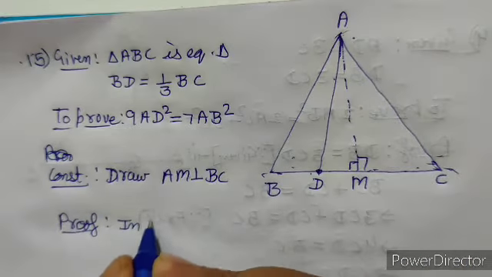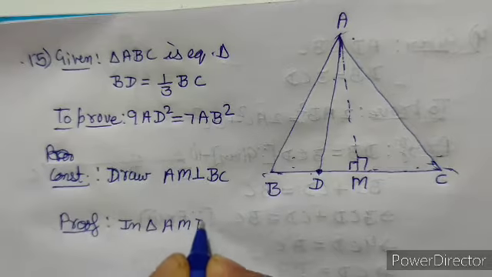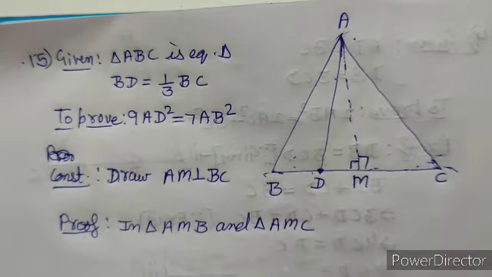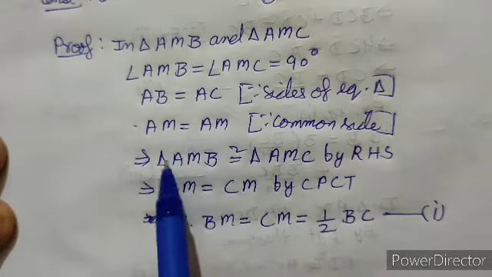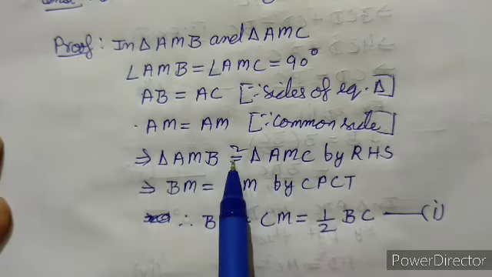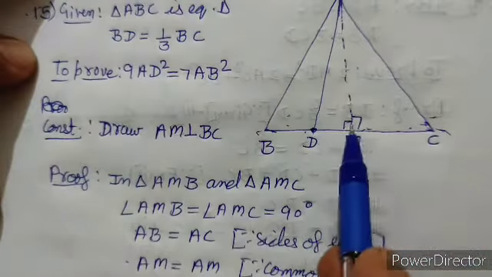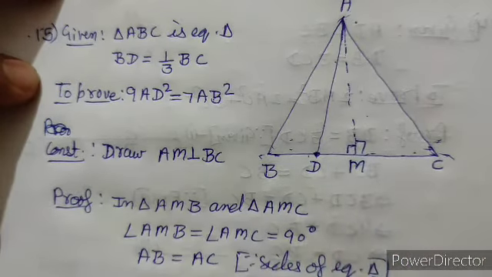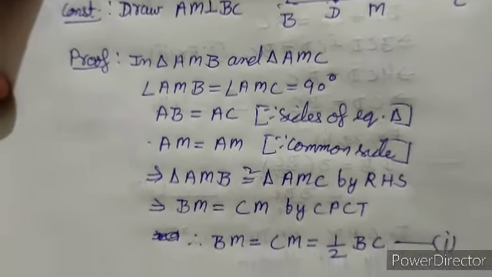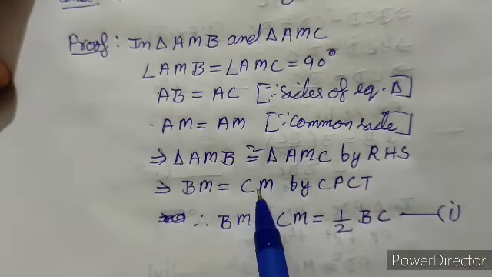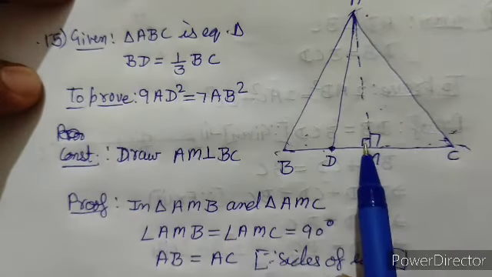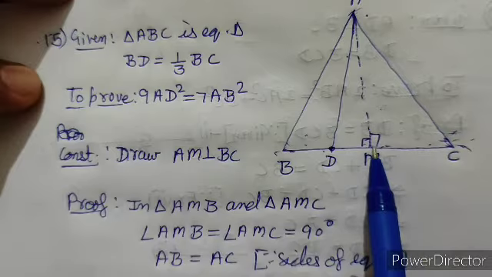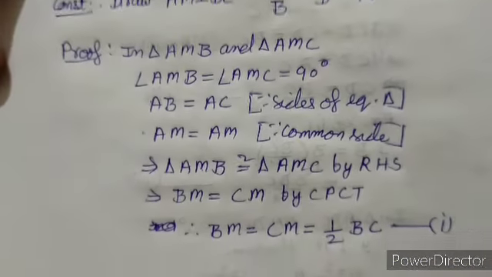In triangle AMB and triangle AMC, triangle AMB will be congruent to triangle AMC by RHS, and that will give us BM equal to CM. Now if BM is equal to CM, then BM will be equal to CM will be equal to half of BC.